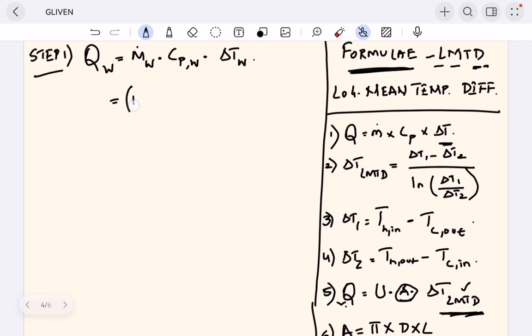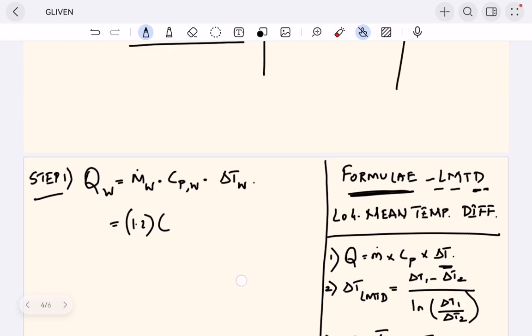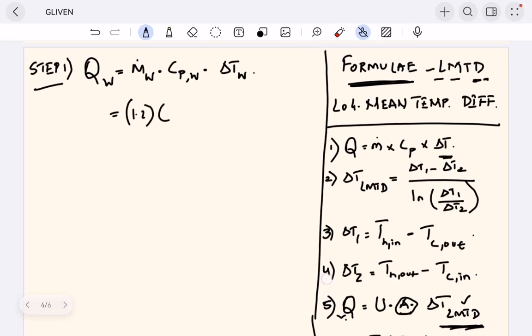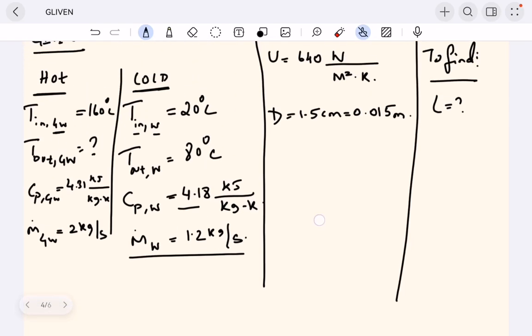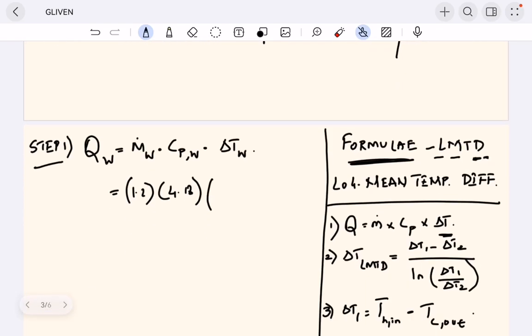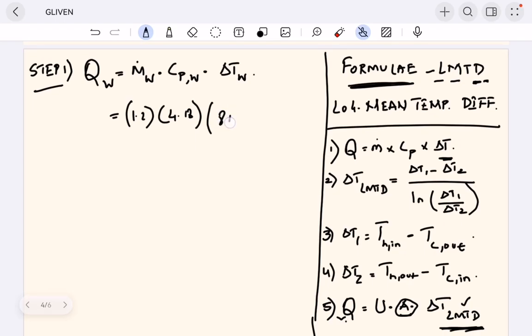Cp of cold water is somewhere about 4.18. Delta T, in minus out. So inlet and outlet are given here. 80 minus 20 becomes 60. So if you plug in all the numbers, you will get somewhere about 301 kilowatts.